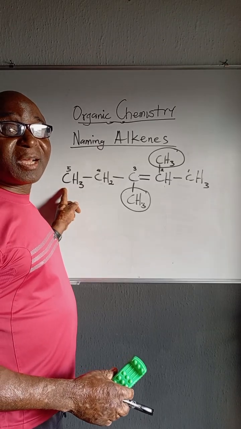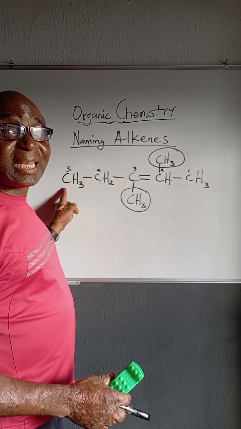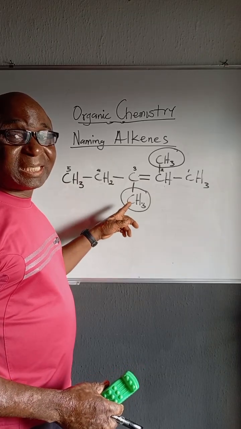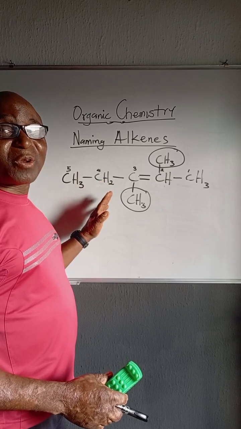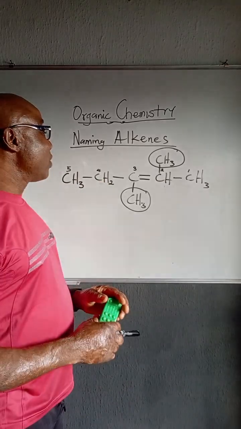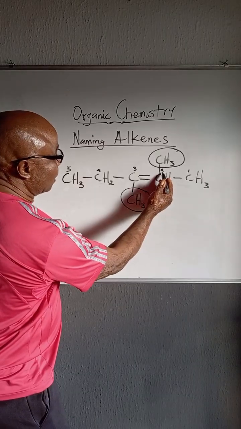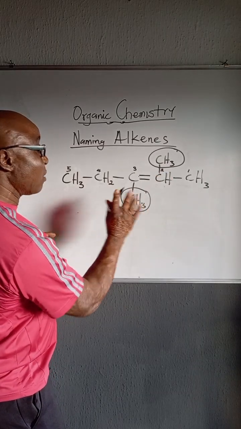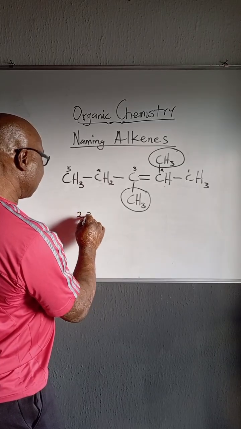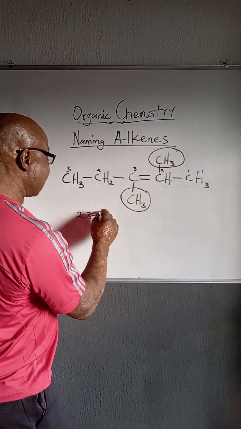If you are familiar with the alkane, pentane. So we are going to have pent. Second, a methyl group. Third, a methyl group. Since they are the same, we have 2,3-dimethyl.